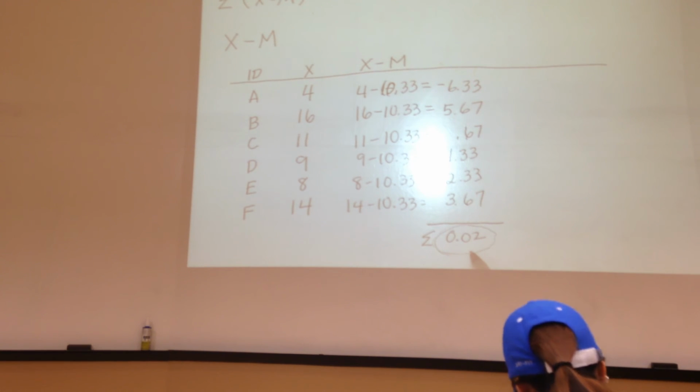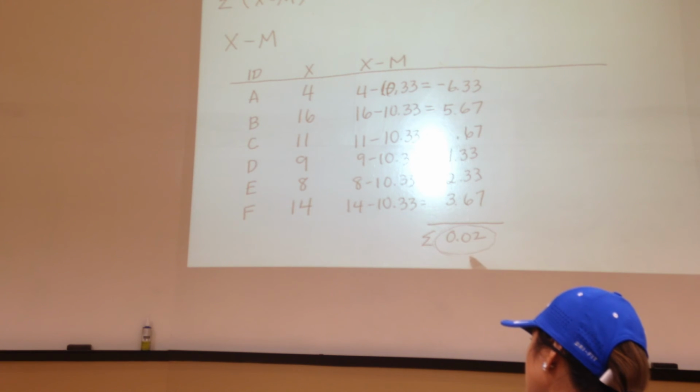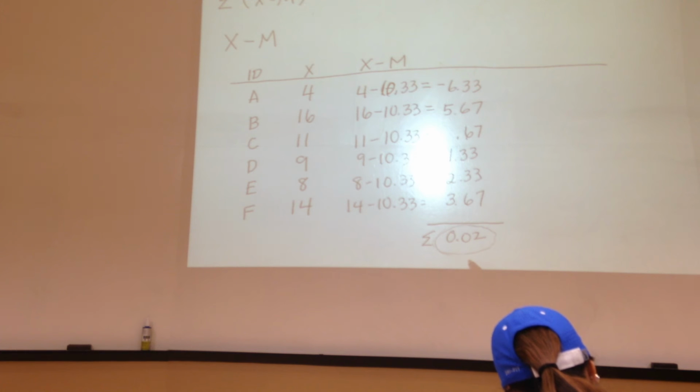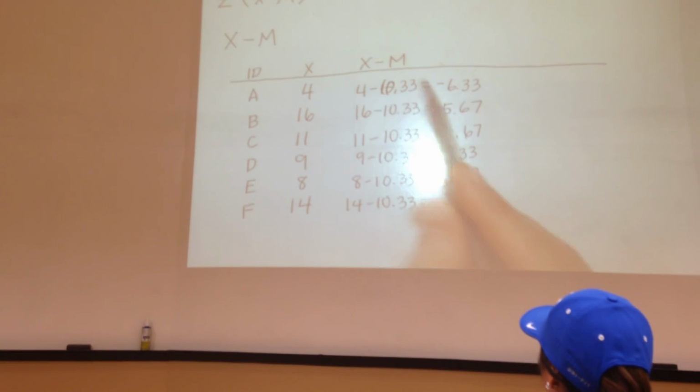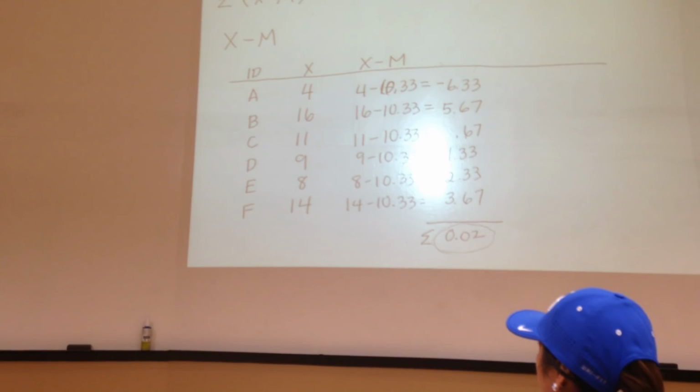Because if this is something like 0.7 or 1.2 or negative 3.8 or something like that, then there's something really, really wrong with the math in that column. And you need to stop, go back, do it over, and check your work, because something is wrong. And if you're already wrong here, nothing you do after that can be right.